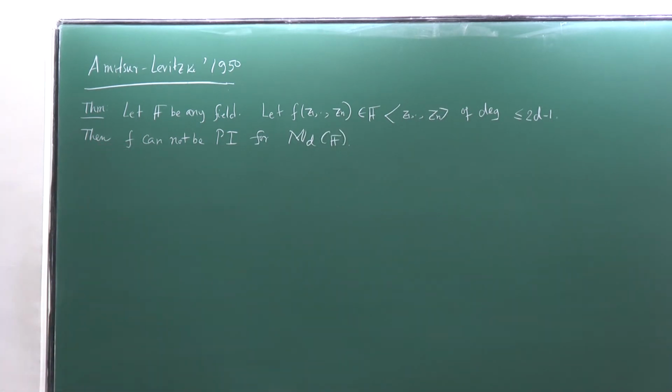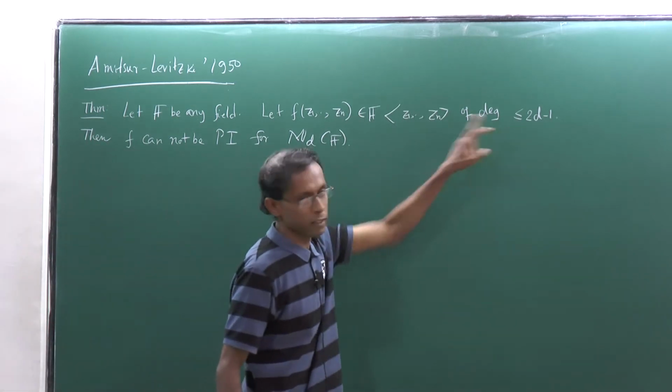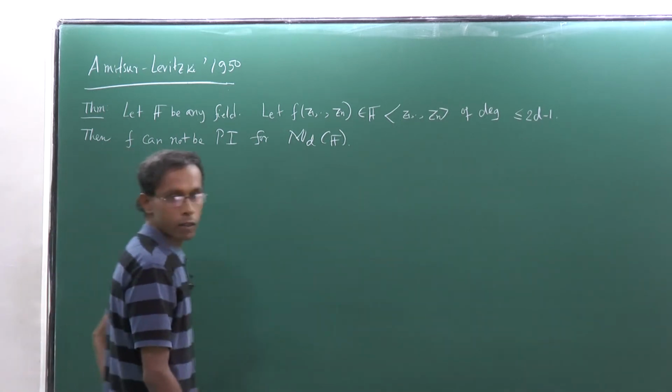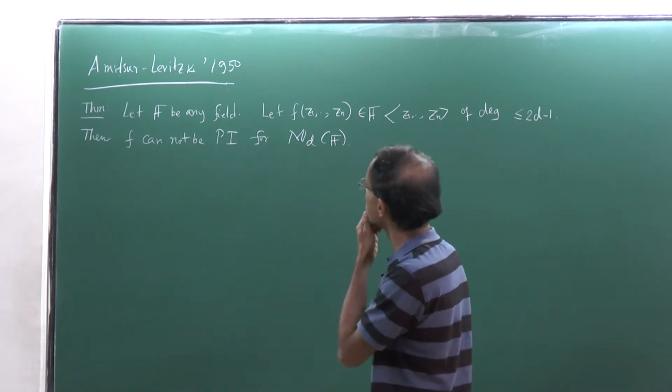So what they really proved is that if you take any field F and take an n-variate non-commutative polynomial whose degree is at most 2d minus 1, then it cannot be the case that you plug in z1 to zn with all d cross d matrices over the field F and always see 0. It cannot happen. This is what they proved in 1950.